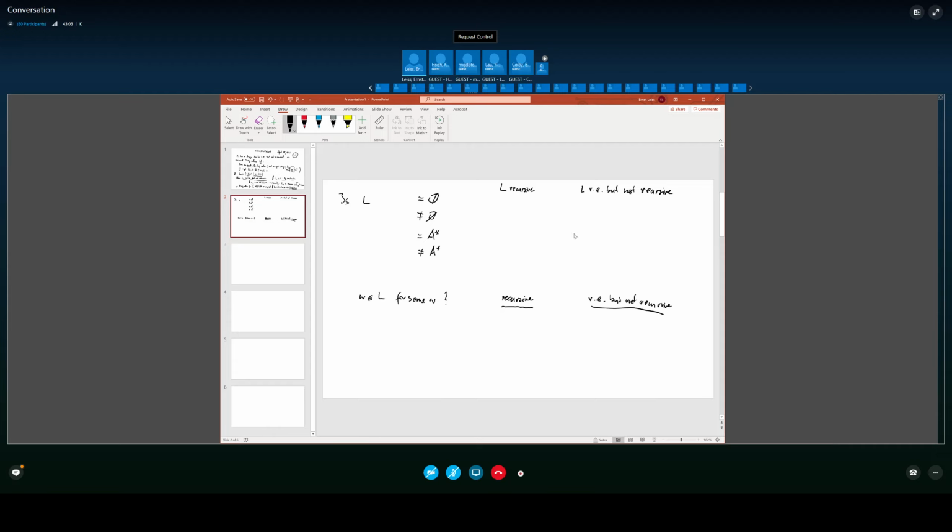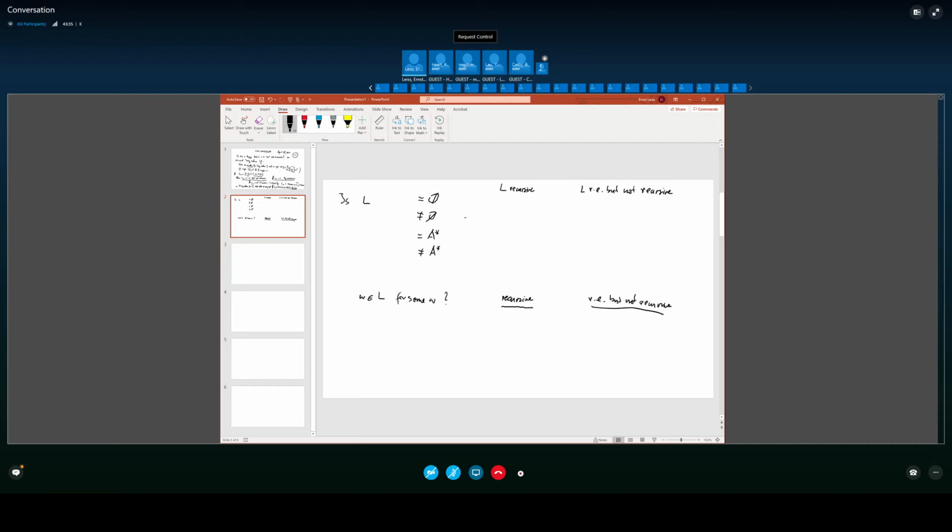And now let's look at the second question of those four. We want to know whether L is not empty. Now, if L is recursive, then this is fairly simple.